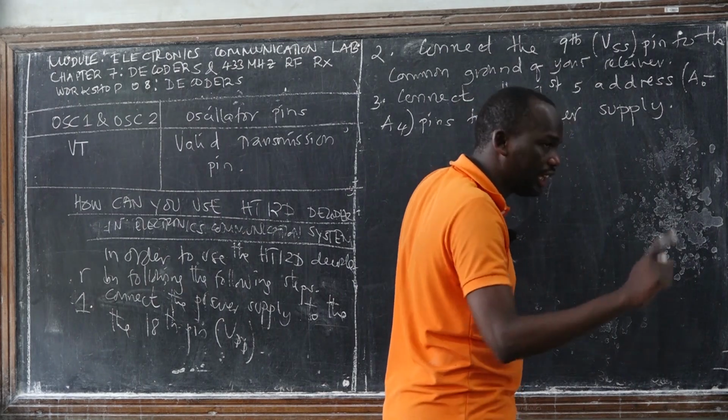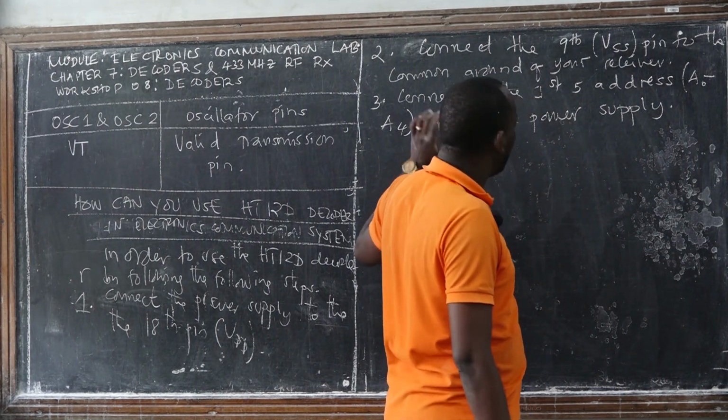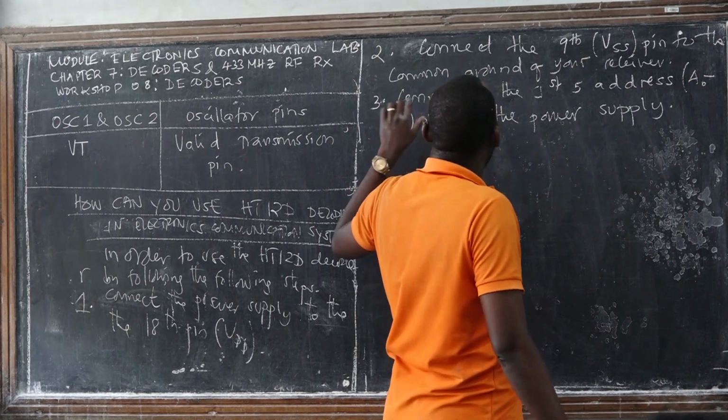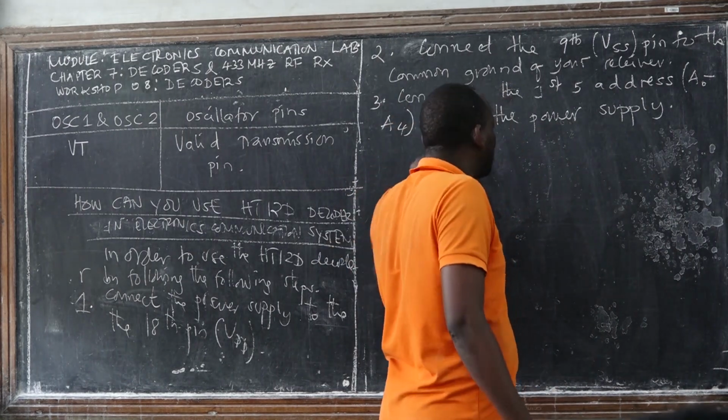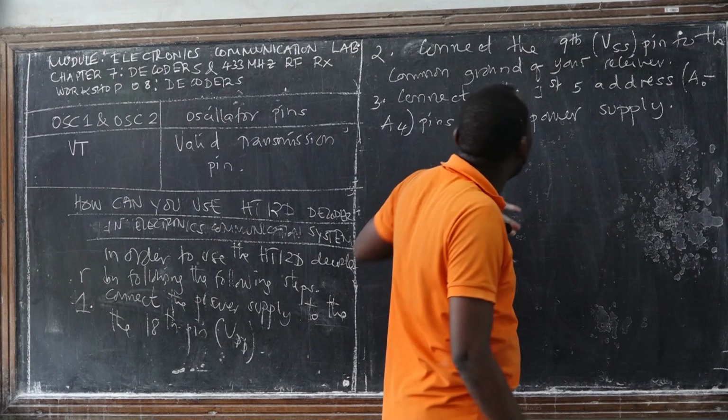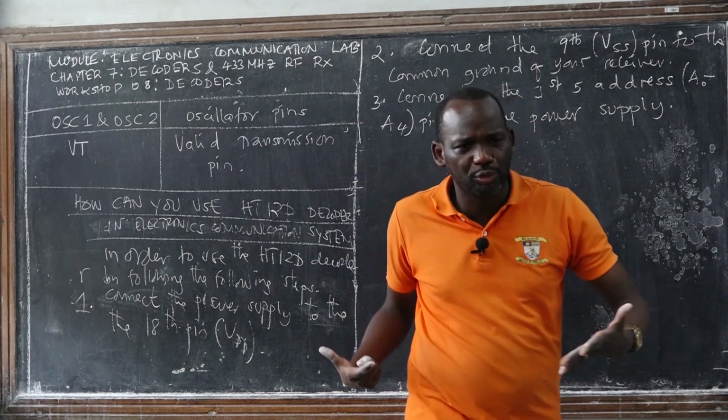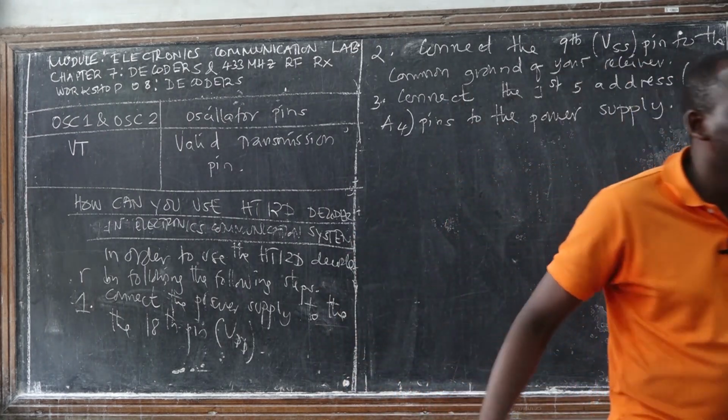If you want to check, you may try. You may connect the first 5 address pins of the HT12E encoder to the power supply, and then say, okay, let me connect the first 2 address pins to the power supply and see what happens. Because for me, I tried it.